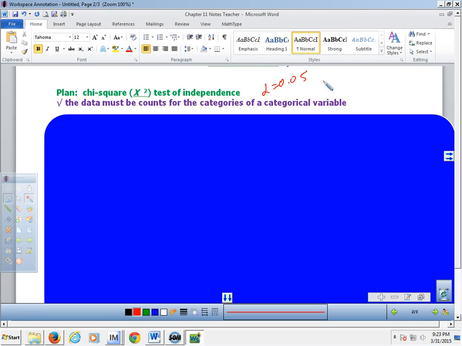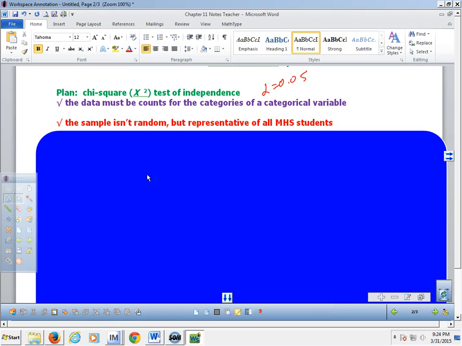Here are some things to keep in mind. Okay? The data must be counts for the categories of a categorical variable, of course. Okay? But our conditions that need to be met. The sample isn't random, so my guess is this is a teacher's 151 students, but we're assuming that it's representative of all MHS students.